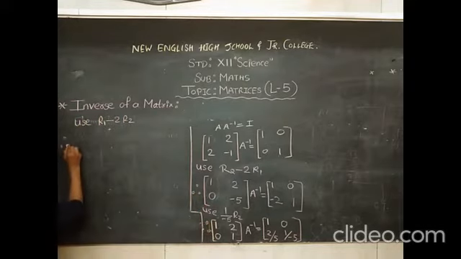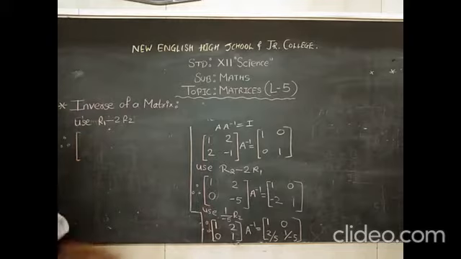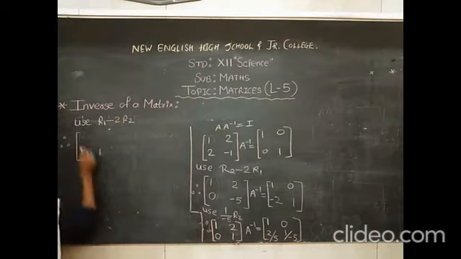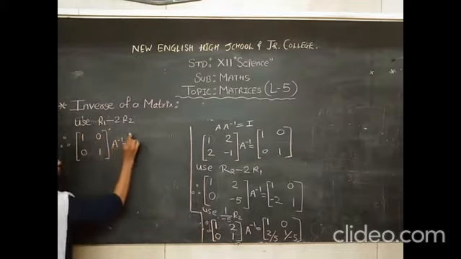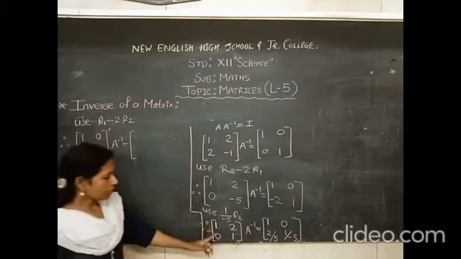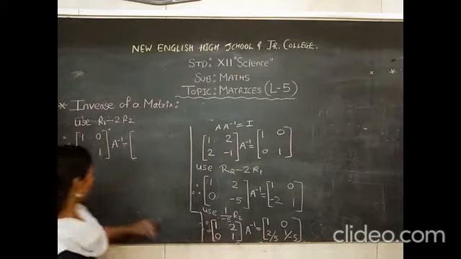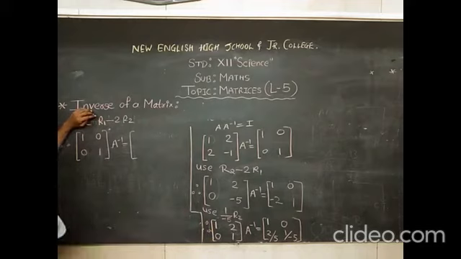what will we get here? No change in R2, R2 will remain as it is. 1 minus 2 times 0 will remain 1. It has become 0, into A inverse equals to. Come here, same. Here 2 by 5, 1 upon minus 5 will remain as it is.